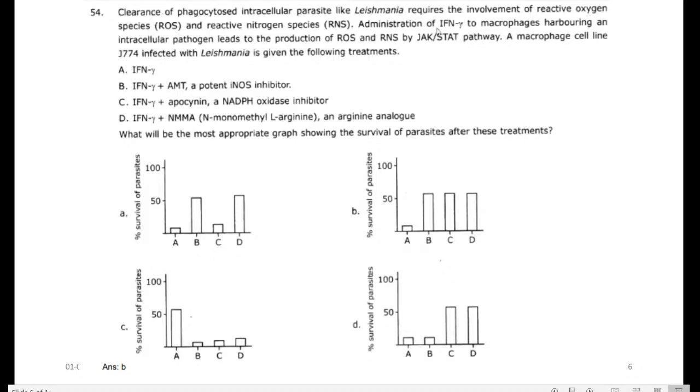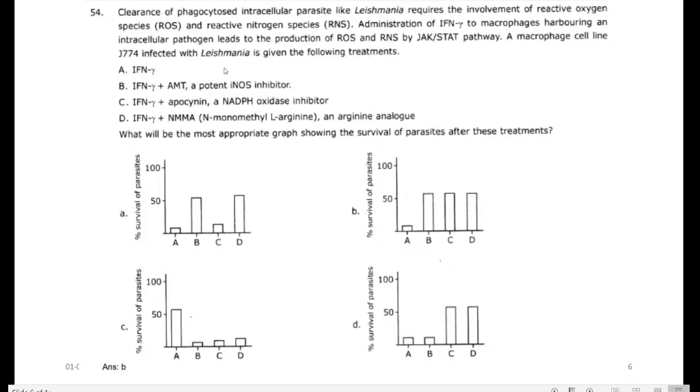Administration of interferon gamma to macrophages harboring an intracellular pathogen leads to production of reactive oxygen species and reactive nitrogen species by the JAK-STAT pathway.